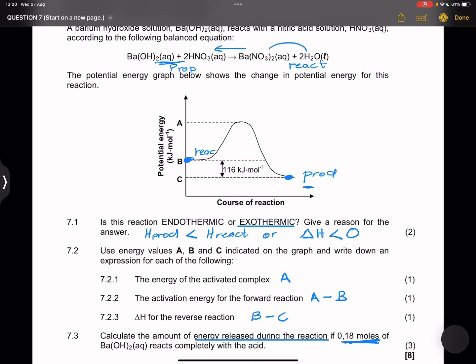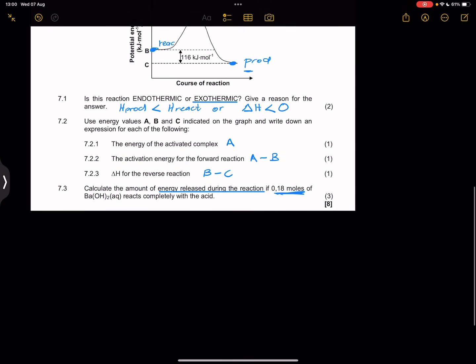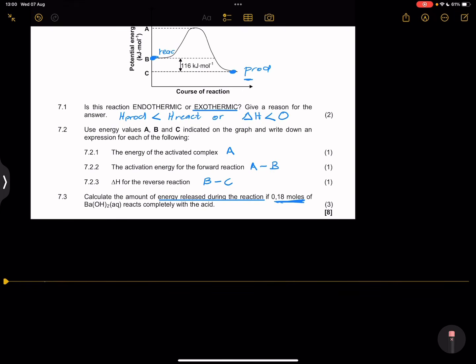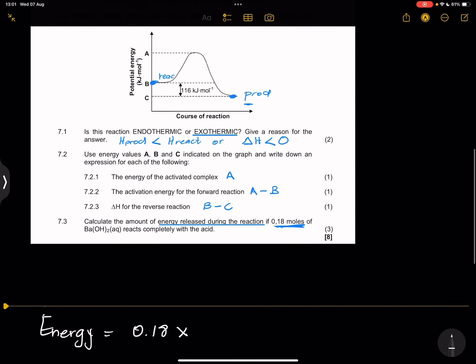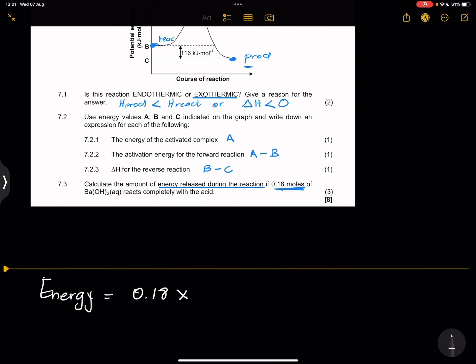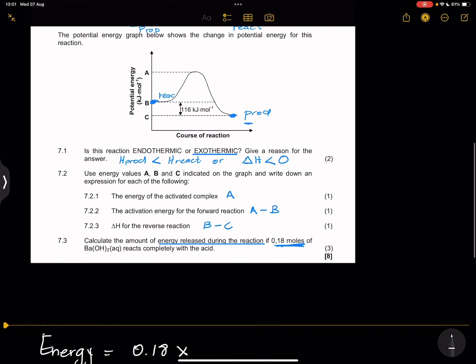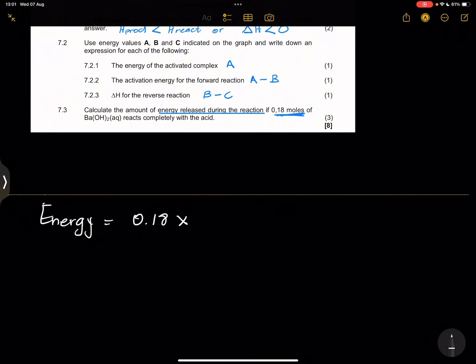So that means the amount of energy will be equal to 0.18 moles multiplied by the delta H value, that's 116 kilojoules per mole. My delta H value was given there.